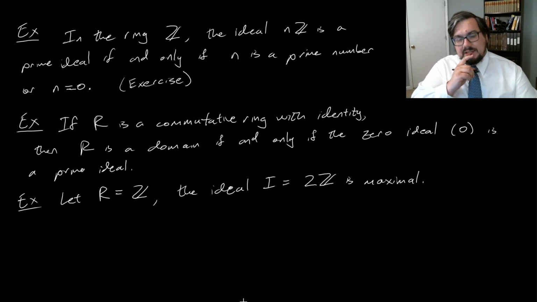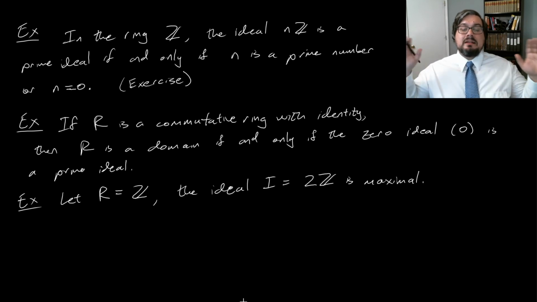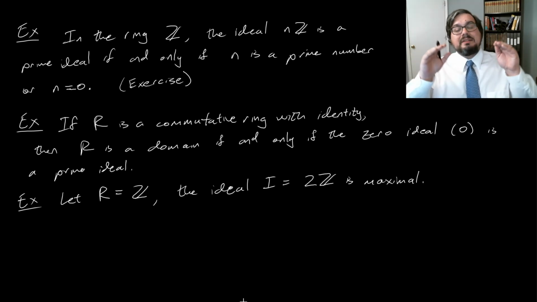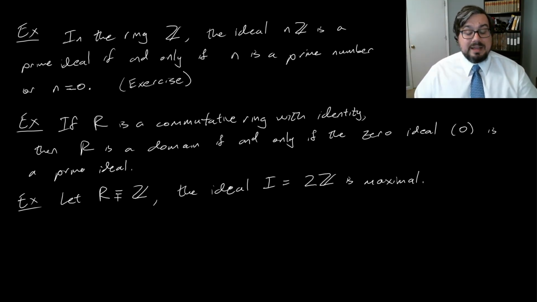But one thing that we do a lot is we try to construct an ideal that is a little bit bigger than the ideal that we're starting with, and show that the new ideal has to be the whole ring. No matter how we expand things, if we go even a little bit bigger than the ideal I, then we have to get all the way to the ring R, to the whole ring itself.